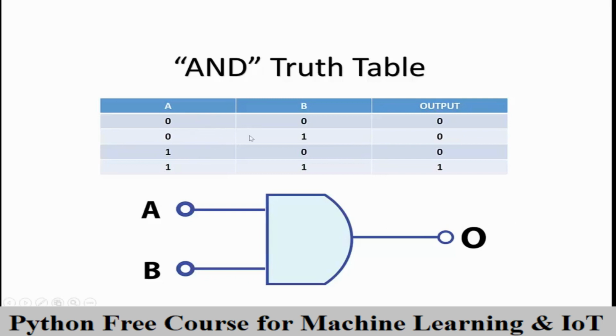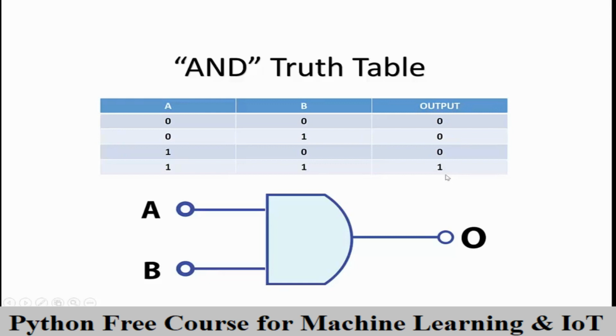Another way of saying that is if A and B are true, then the output will be true. That's why it's called the AND gate. So if you look here, if A is false and B is false, you're going to get false. If either one of them is true, you still get false. But when A and B are true, you get true. So that's the AND gate.